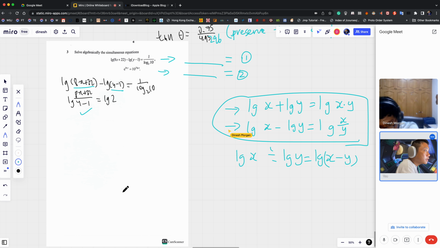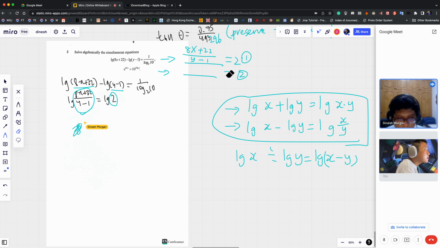Then you have this, so therefore you have this equation, one simple one is 8x plus 22 over y minus 1 is equal to 2, right? You can even simplify it. Yeah, this is still not the most ideal one, so you can still continue to make it the most ideal one. Yeah, go ahead, please.